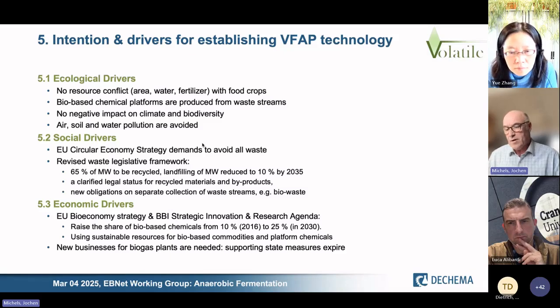This is about 20 years, and many of these biogas plants are running out of this support, and they need new businesses to run further on. And personally, I think that to upgrade a biogas plant to some kind of biorefinery in a bottom-up approach, this could be very successful.